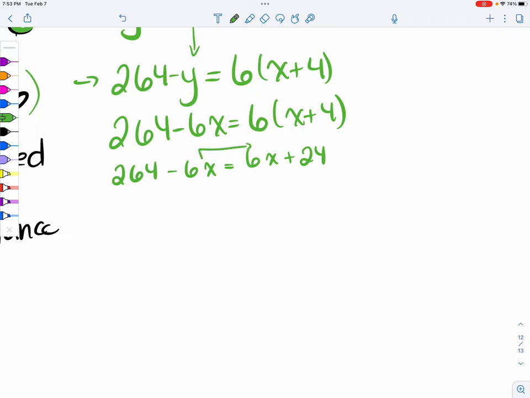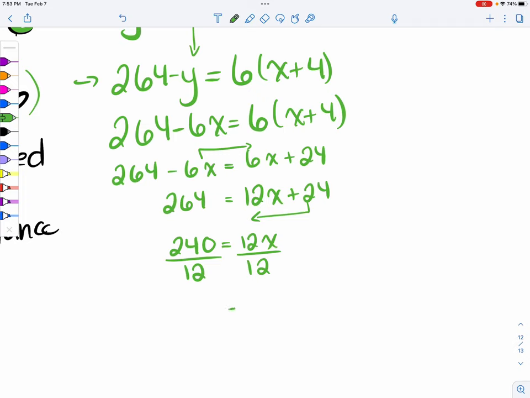I'm going to move the minus 6x over. When you move that over, it becomes plus 6x. You get 12 x's. Move the 24 over, so you're going to subtract it. 264 minus 24 is 240.